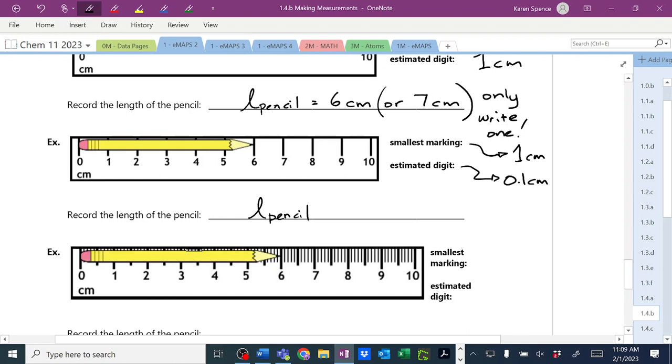Honestly, when people do this quiz, that's the most commonly forgotten thing, is to write what you're measuring. Length of the pencil is equal to 6.1 centimeters. It seems really tedious and boring to do it on this worksheet because we're doing a lot of reporting. When you're actually doing it in a lab, you won't be writing it one after another, so it won't be nearly as tedious. Okay.